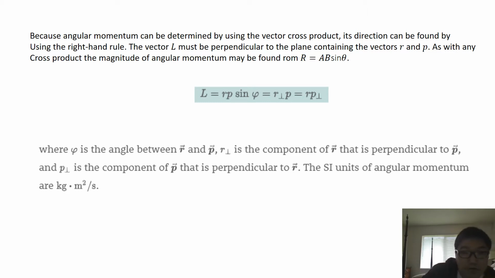Because the angular momentum can be determined by using the vector cross product, its direction can be found by using the right-hand rule. The vector L must be perpendicular to the plane containing the vectors r and p.